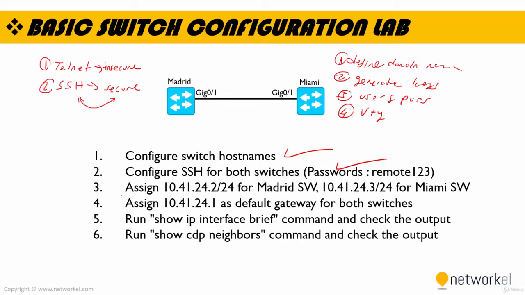What the third step wants us to do is to assign 10.41.24.2/24 for Madrid and .3/24 for the Miami switch.